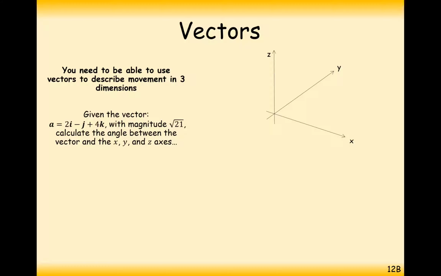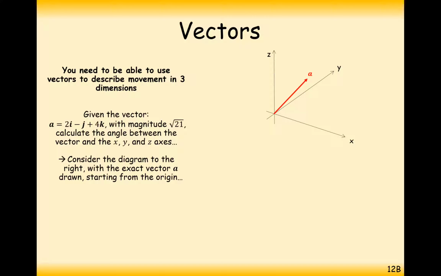Okay, something else here. I told you this video would be a little bit of a long one. Given that the vector a is equal to 2i minus j plus 4k with a magnitude of root 21, which is the same as the last question, calculate the angles between the vector and the x, y and z axes.